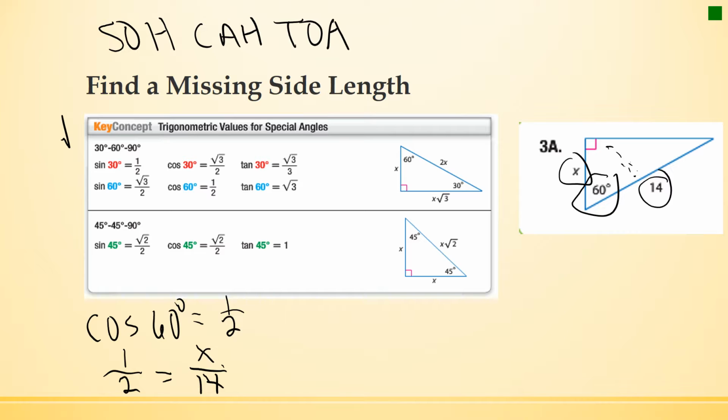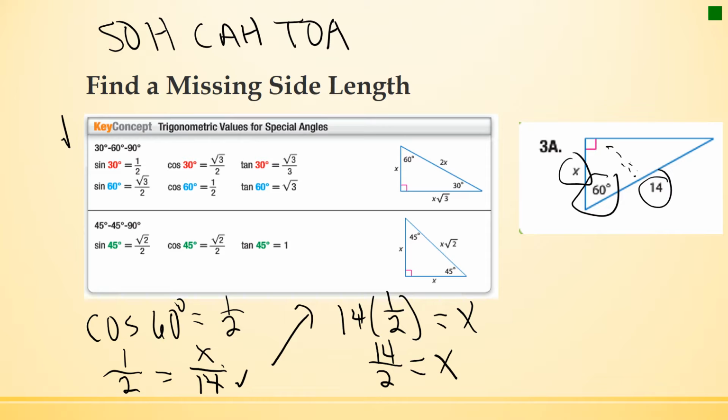And if we're going to solve for x, we're dividing by 14 right here, so we want to multiply by 14. So I'm going to have 14 times 1/2 equals x, and that's going to give me 14 over 2 equals x, and so x is going to equal 7. So this missing side length is in fact 7 for a 60 degree angle, and we worked that off the cosine because we were asked to find the adjacent side and we were given a hypotenuse.